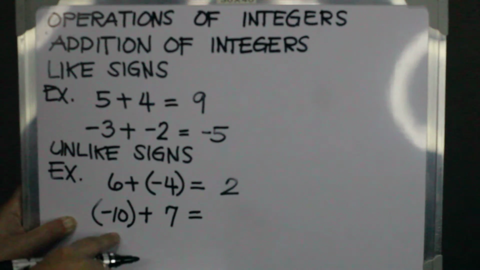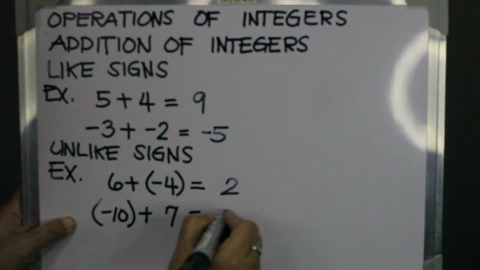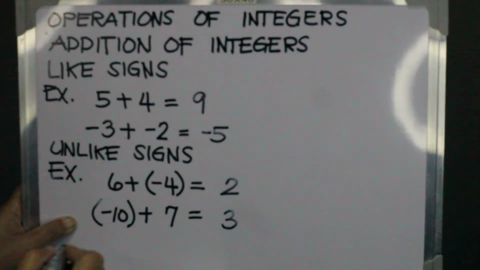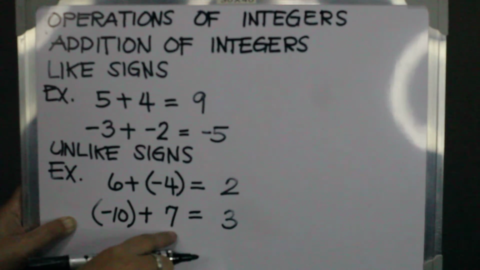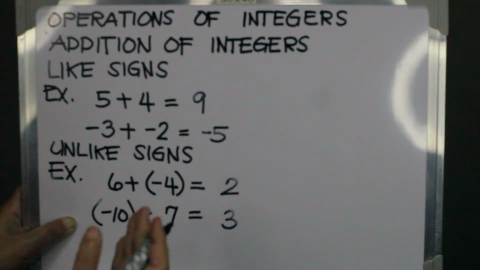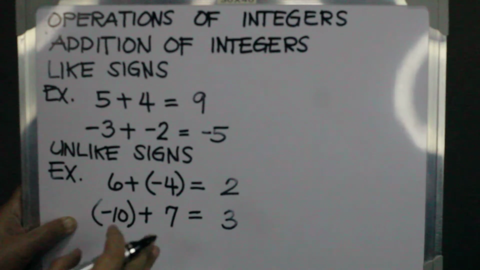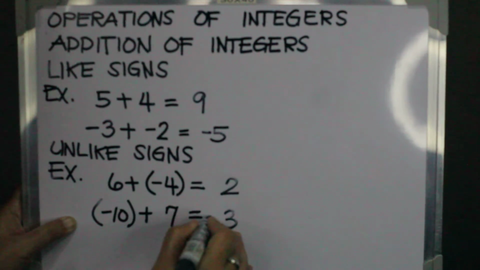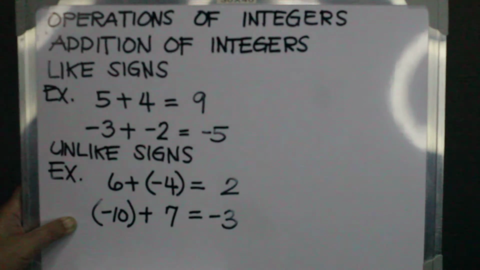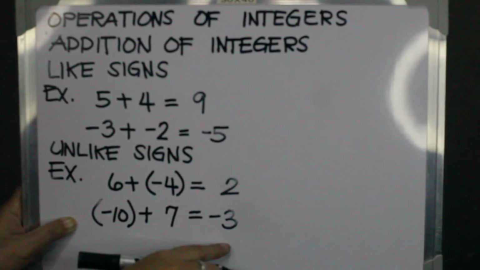So that is 10 minus 7 is equal to 3. And you get the sign of the greater number. We have negative 10 here and 7 here, so the greater absolute value is negative 10. So simply get the negative. We have here a negative 3.